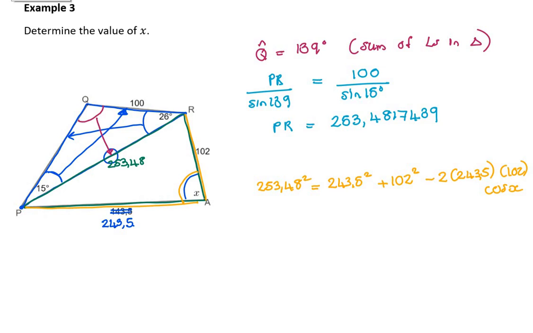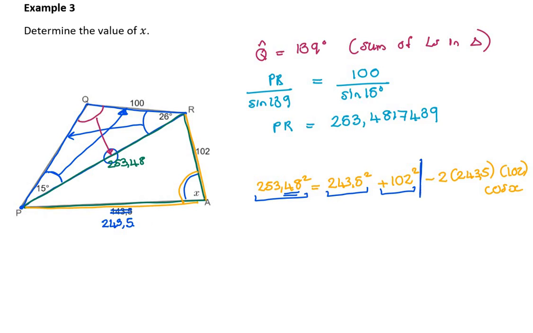Now the reality is the hard bit is now solving this. Now notice I wrote 0.48 here, but I've actually kept all the decimals on my calculator. Now I don't want to write down what all of these huge numbers are. So what I'm going to do is work out my 253.48 squared, and subtract my 243.5 squared and subtract my 102 squared, and then I'm going to stop. So I'm not actually going to write down that.